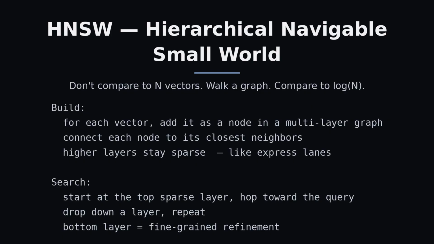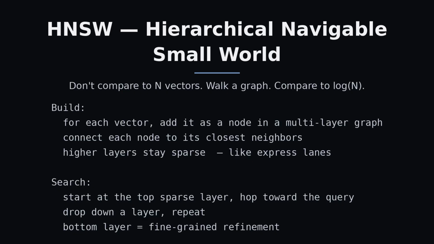The default index in basically every vector database is called HNSW, Hierarchical Navigable Small World. The name is dense. The idea isn't. You build a graph where each vector is a node, and each node is connected to a handful of its nearest neighbors. Then you stack layers on top, each one sparser than the last. The top layer has only a few dozen nodes, like express lanes between regions of the space.